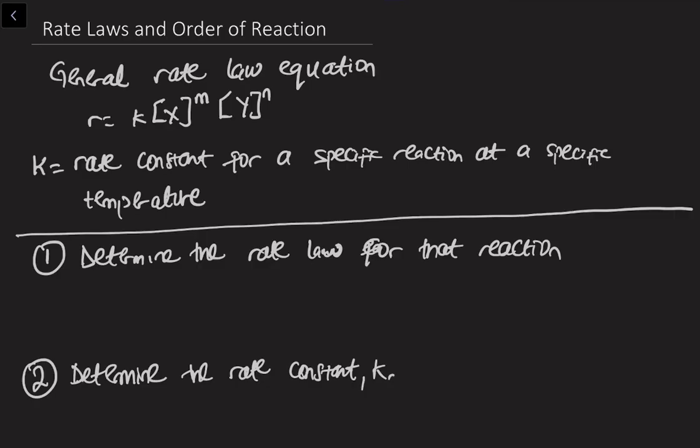Okay, and we'll look at that. So just know this: you'll be asked to determine the rate law for that reaction, and then two, determine the rate constant K. Now, to determine the rate law for that reaction, you have to first A, determine M, and B, determine N. Okay, so you have to determine M and determine N, then you can determine the rate law for that equation. Let's take one example right now.